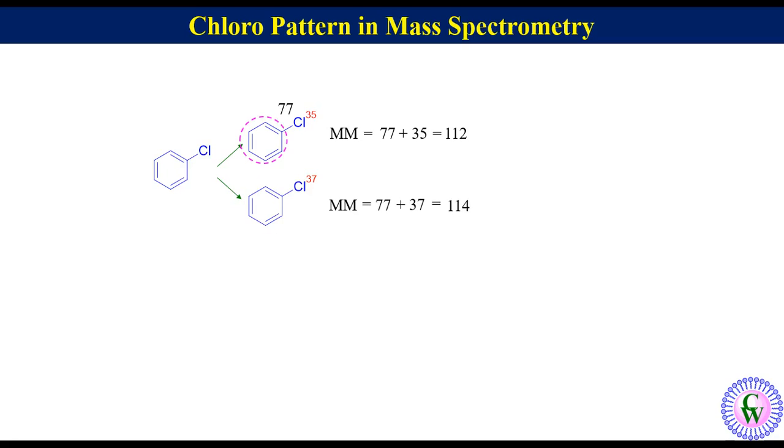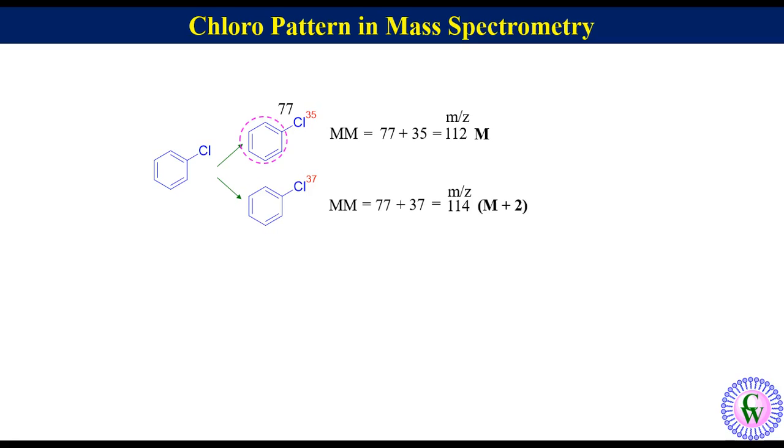In the mass spectrum, there will be two molecular ion peaks, one with m/z 112 and the other with m/z 114. The peak with m/z 112 will be M, and that with m/z 114 will be the M plus 2 peak.